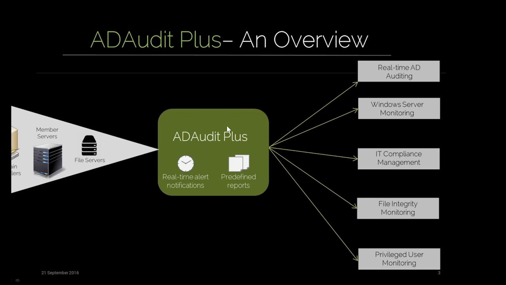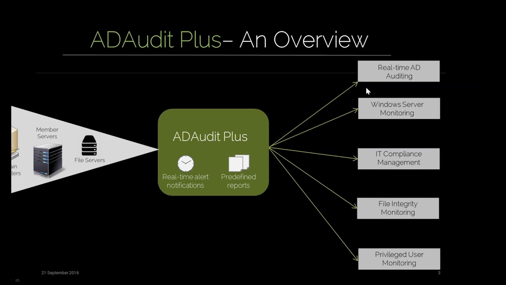This is the computer where ADAudit Plus is installed, and it will take the information from the event viewer of the domain controllers, member servers, and the file server. All this information will be stored in the internal database of ADAudit Plus, from where it will get processed and displayed as readable reports.